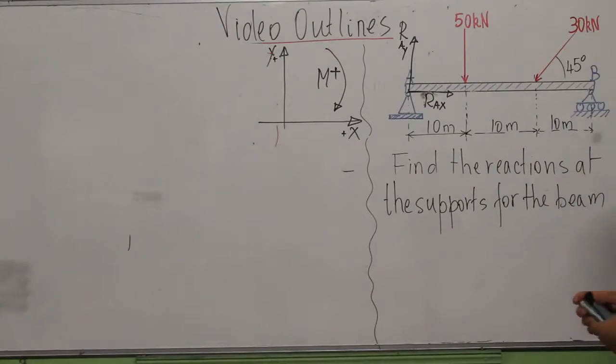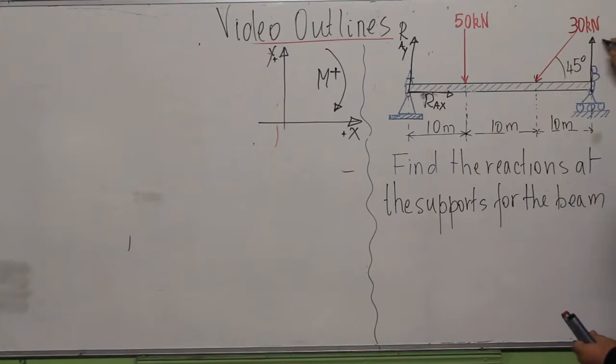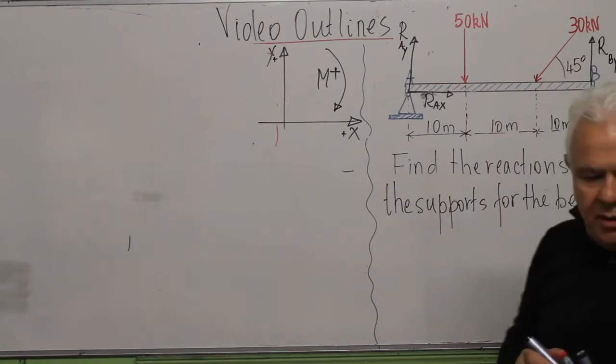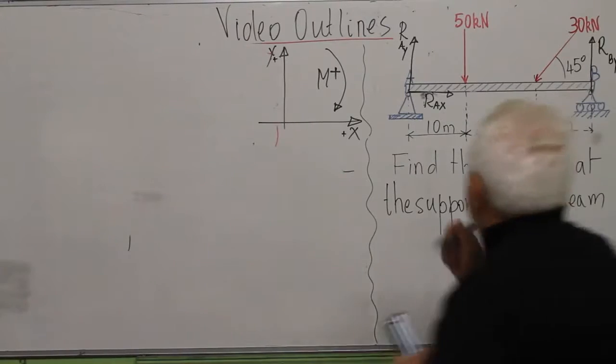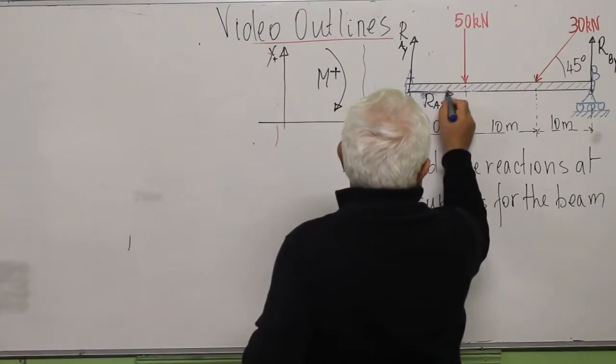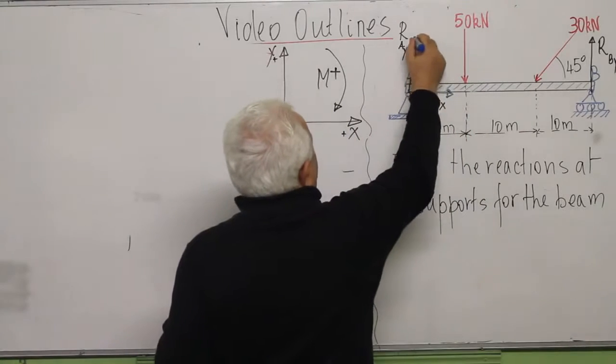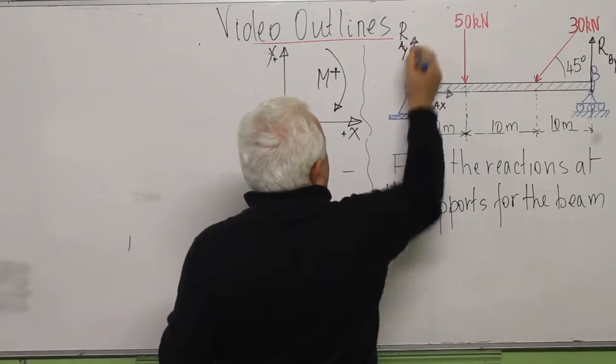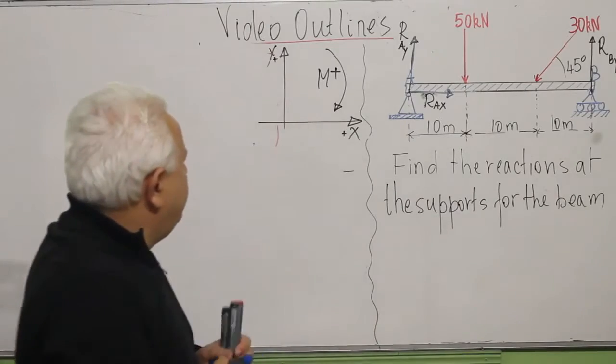The roller will only oppose the vertical movement, and I will name it R_B along Y. There is no component along X. So here R_AX and R_AY.